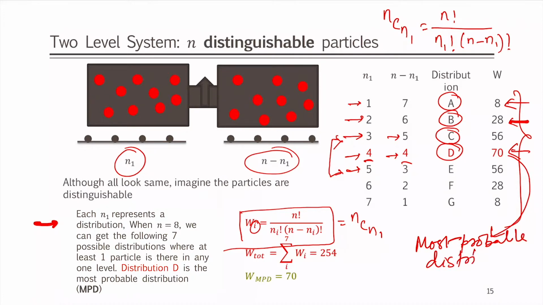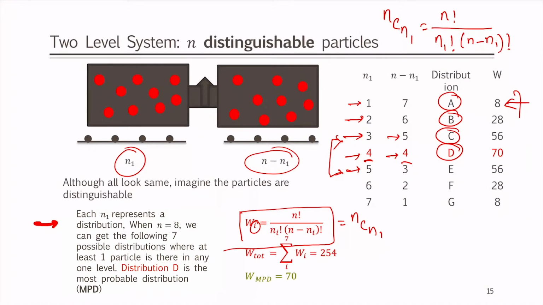Why is it most probable? Because we can calculate the probabilities associated with each distribution. What will that probability be? Let us say I can calculate the probability of D. Probability of D will be 70 divided by the total number. So, the total number is 254.